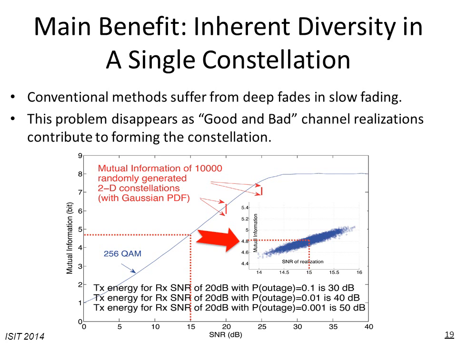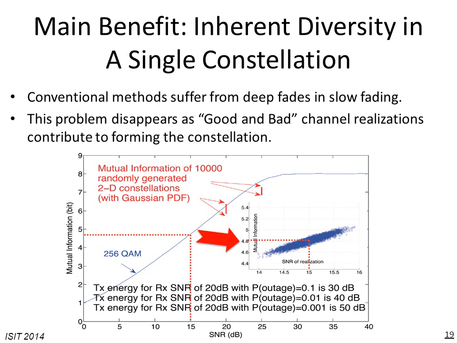However, in the subplot we have a cloud of points, and each point corresponds to one realization of the 256-point random constellation, which has a different energy and a different mutual information.